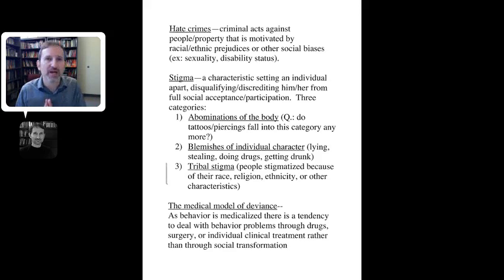The example I have of this is Nazi Germany, where Jews were stigmatized very heavily and blamed for many things they had nothing to do with: the economy crashing, losing World War I. They were blamed because of their religion, and they were seen as a force that polluted pure German culture and society.